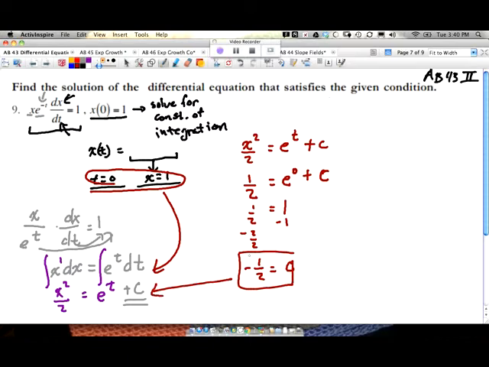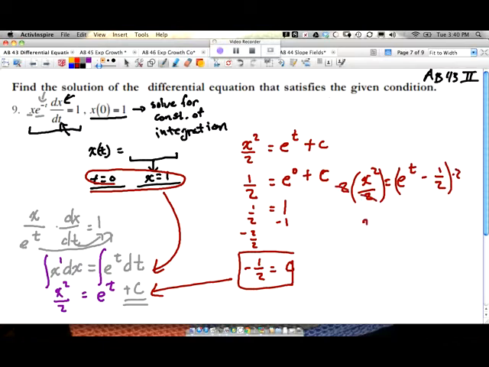Now I'm going to take that and plug it in here. So that would give me x squared over 2 equals e to the t minus 1/2. And you might think, okay, that's not a big deal. But actually, as it is now we got to kind of get x by itself. So I got to multiply both sides of this equation by 2.